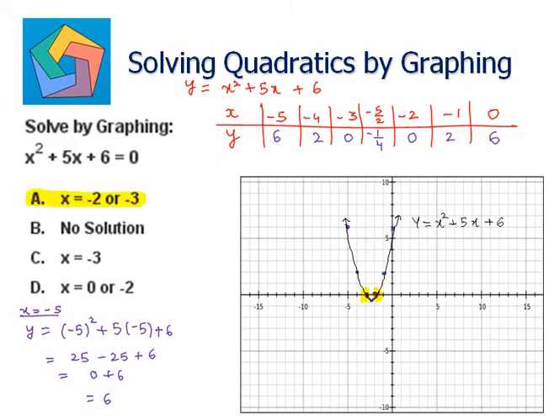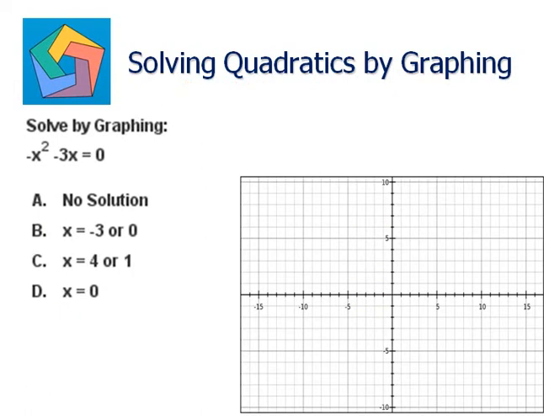Next problem. Solve by graphing -x squared minus 3x is equal to 0. Let me take y as -x squared, -3x. Create a t-chart, x, y.